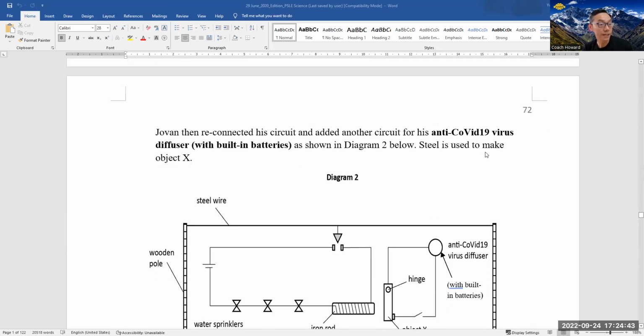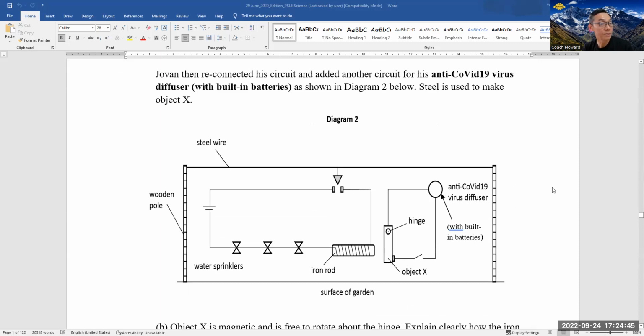Then you see this part, right? I designed this thing here because when I published this book, it was during the COVID-19 pandemic. So I have designed this thing called the anti-COVID-19 virus diffuser. So that means when this is being turned on, the object X, a closed circuit, there's a battery inside with built-in batteries.